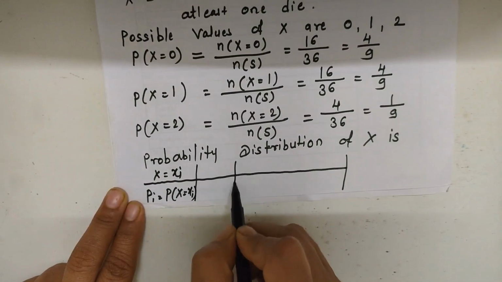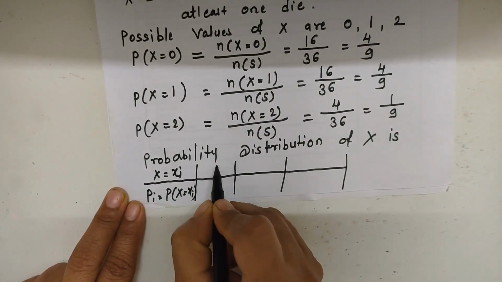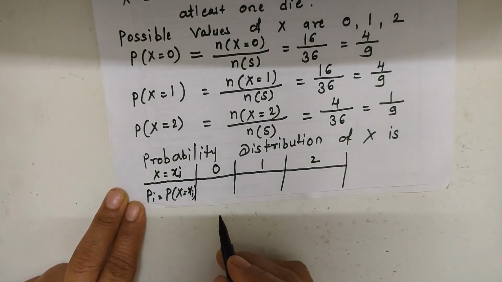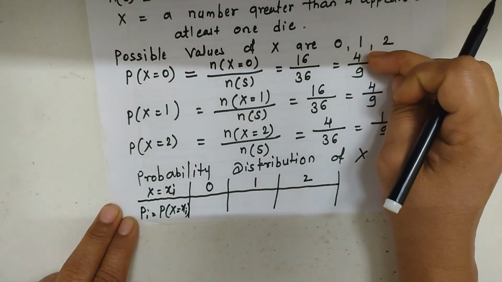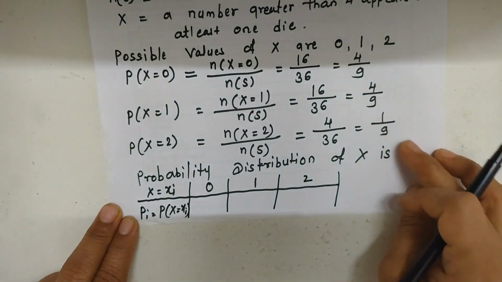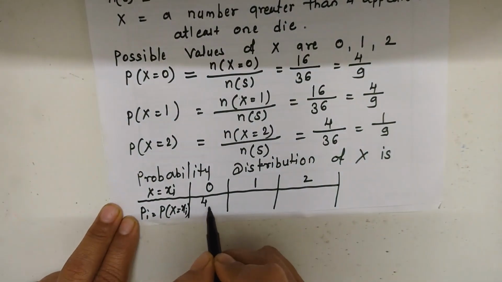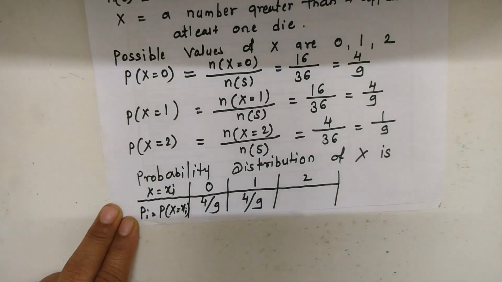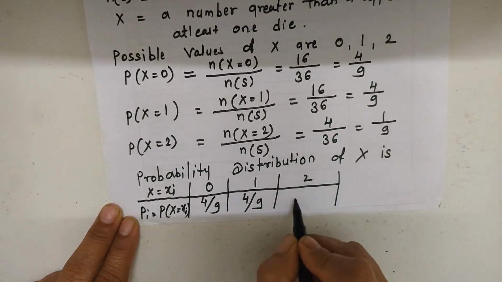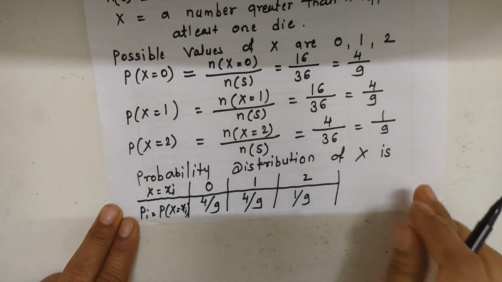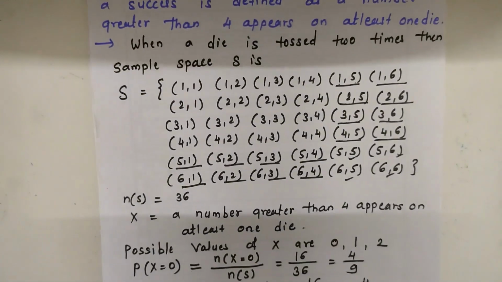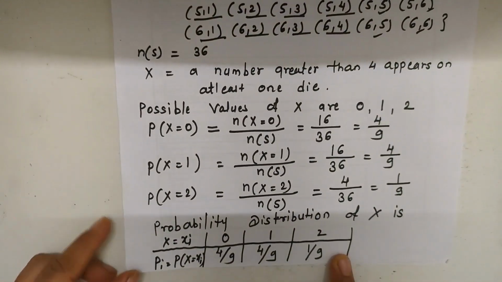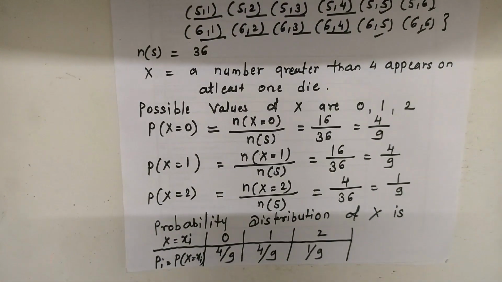The possible values of X are 0, 1, 2, and their corresponding probabilities are 4 by 9, 4 by 9 and 1 by 9. In this way, we get the probability distribution of the given random variable X.